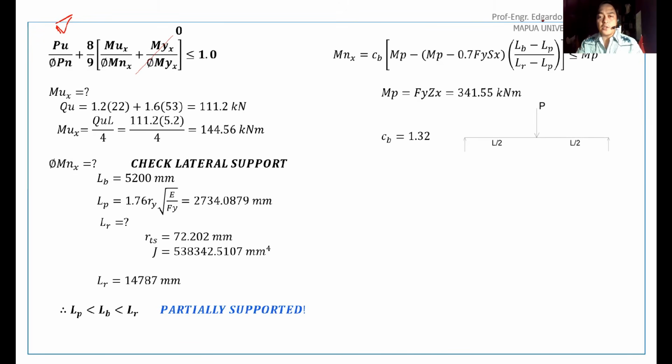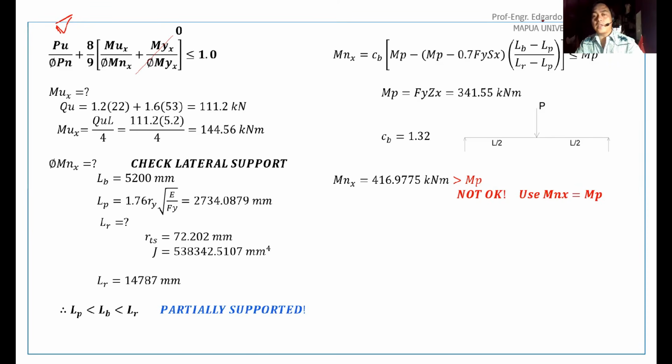So when we substitute CB, MP, LB, LP, LR dun sa MNX equation, we will arrive with the MNX value of 416.9775 kilonewton meter. And if you will notice, yung calculated MNX exceeds the limit of 341 na MP. So therefore, for this case, we will be adopting MNX equals MP. So yun yung MNX natin equals MP.